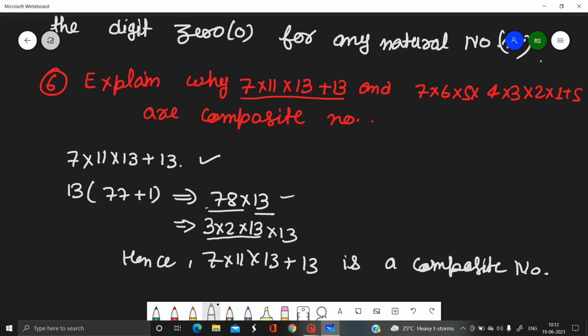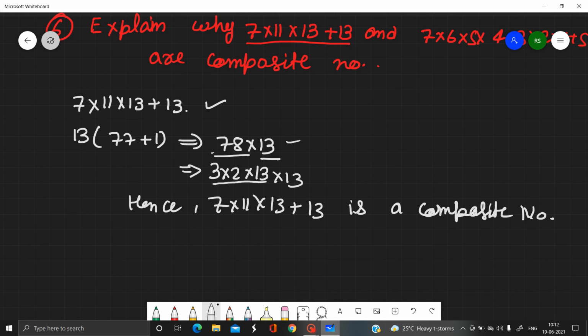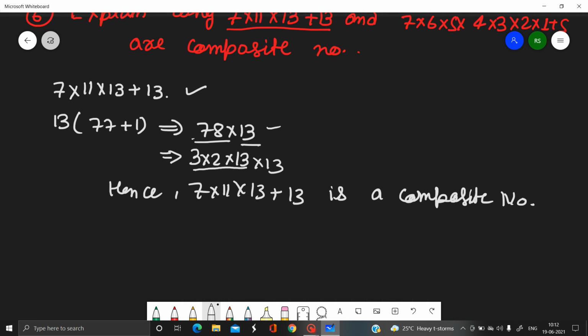Now come to the next expression given in that question. The next expression is 7 into 6 into 5 into 4 into 3 into 2 into 1 plus 5. When we multiply, let's see what we will get. In both terms 5 is common.